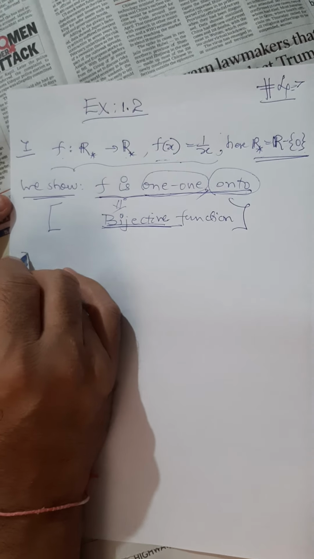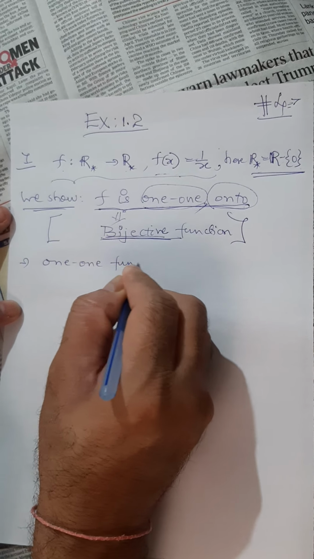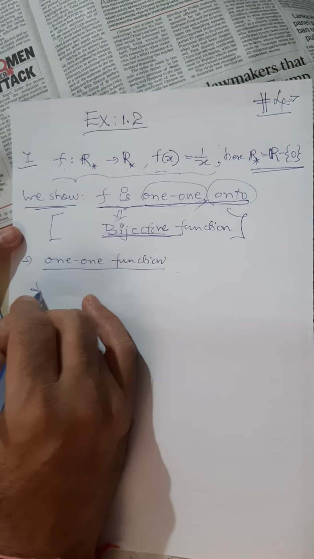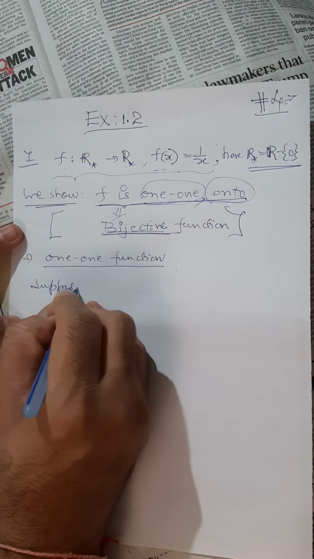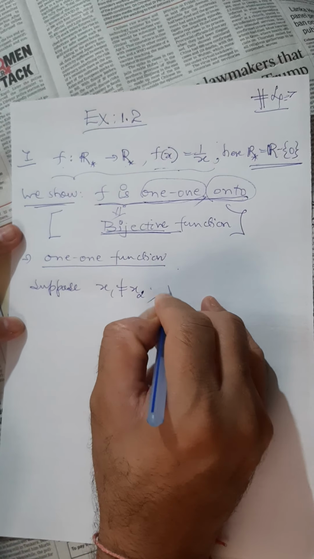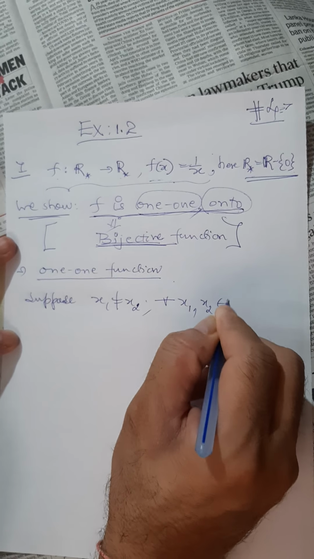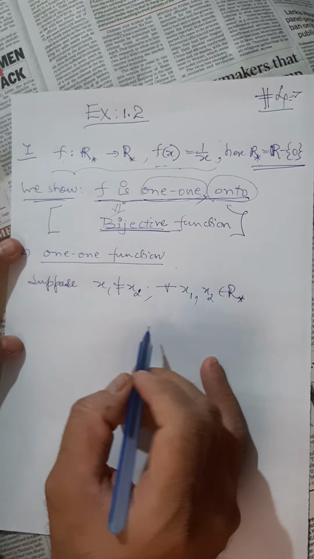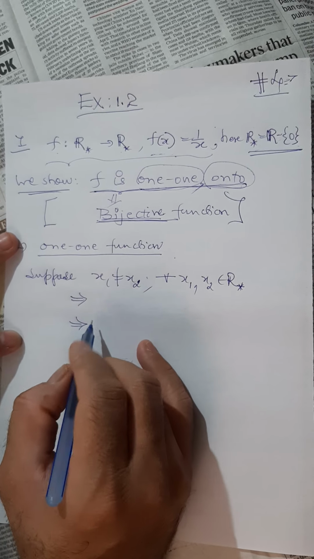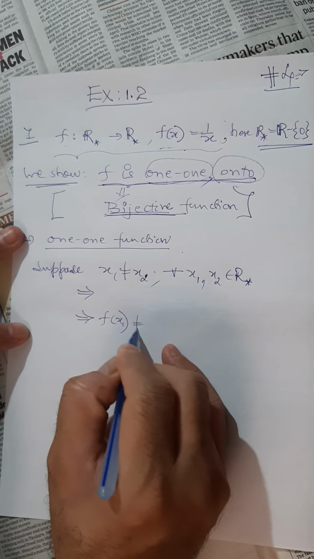Okay, so first part, 1-1 function. How will we do it? There are two ways. You start with this. Suppose x1 is not equal to x2. What are x1 and x2? These are any members of the domain, that is, they belong to R star. You want to show that f of x1 is not equal to f of x2.